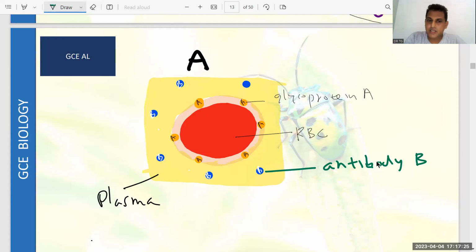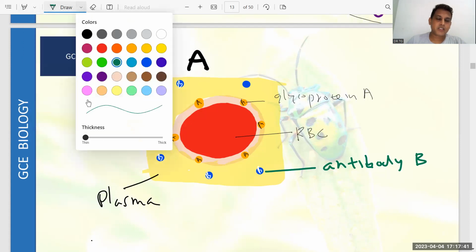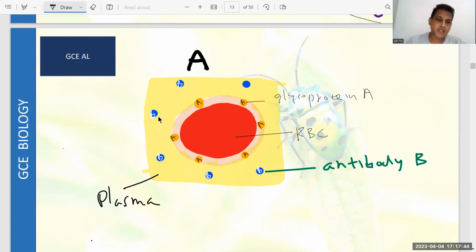Antigen A is antigen A. Antibody B is something different. It doesn't match with antigen A. There's no matching. That means they have no interaction. So this antibody and antigen have no interaction. It just stays in the plasma.